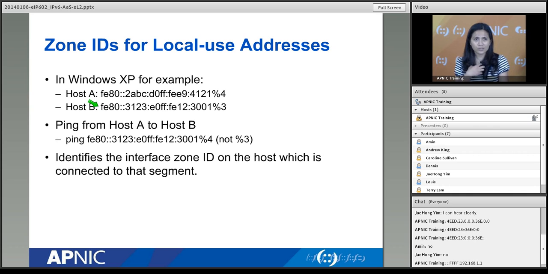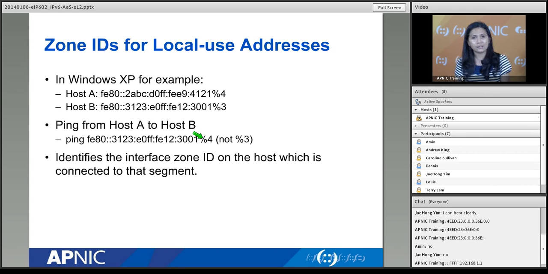So I'm in host A. I want to ping host B, so I ping 3001, but I won't put his zone ID. I will put my zone ID. So you're using %4 and not %3, because that is my zone ID. I am host A. That means that my packet will go via this zone and nothing else.